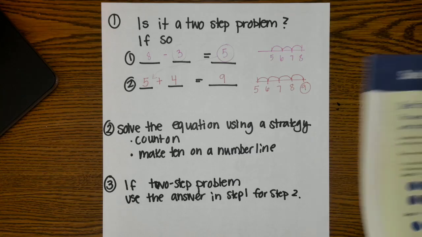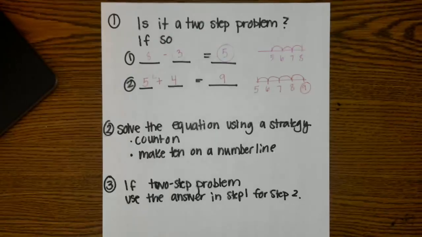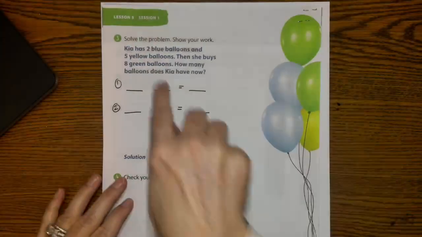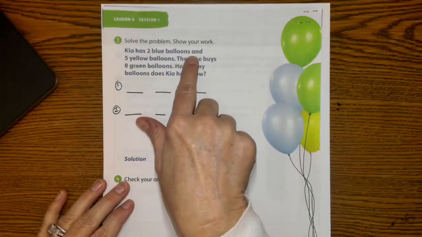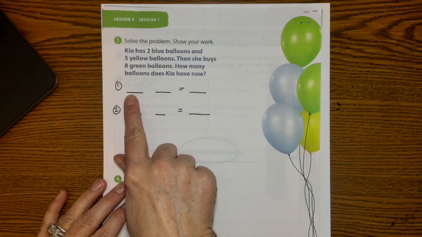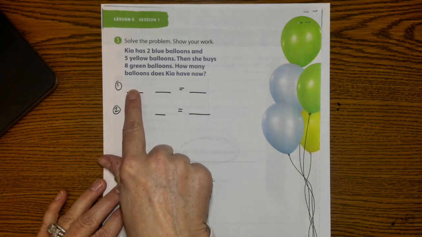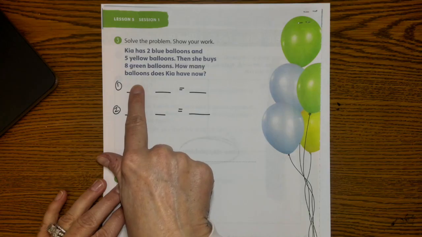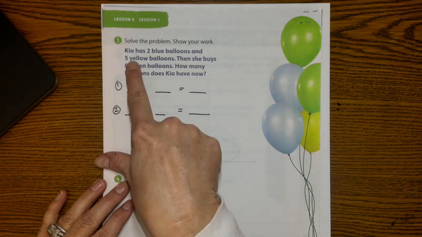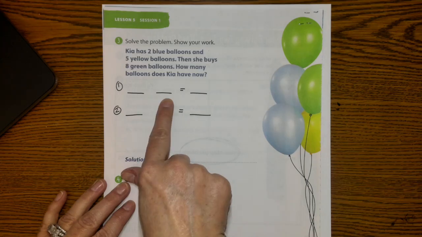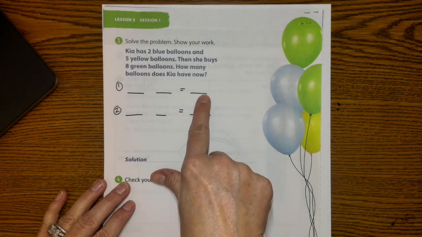Okay, so on tonight's homework, you'll notice there is a problem on the back page. Kaya has 2 blue balloons and 5 yellow. So you'll ask him, okay, let's read the story. What does it start out with? 2 blue balloons and 5 yellow. Are we going to add or subtract? How many balloons does she have?